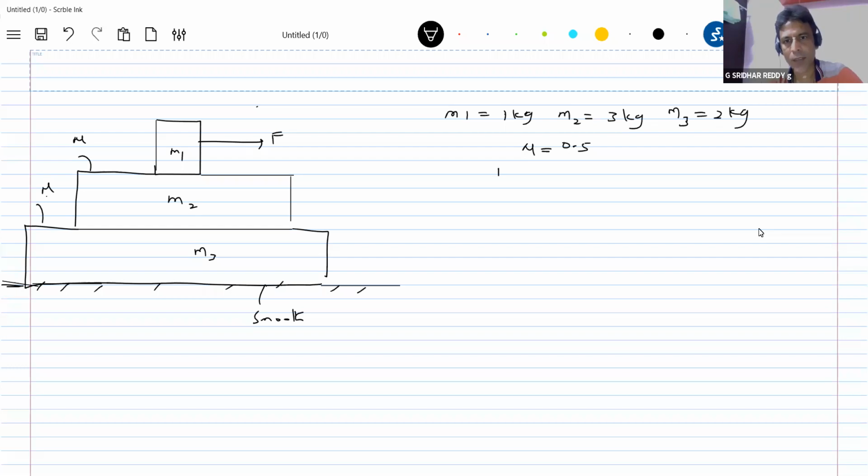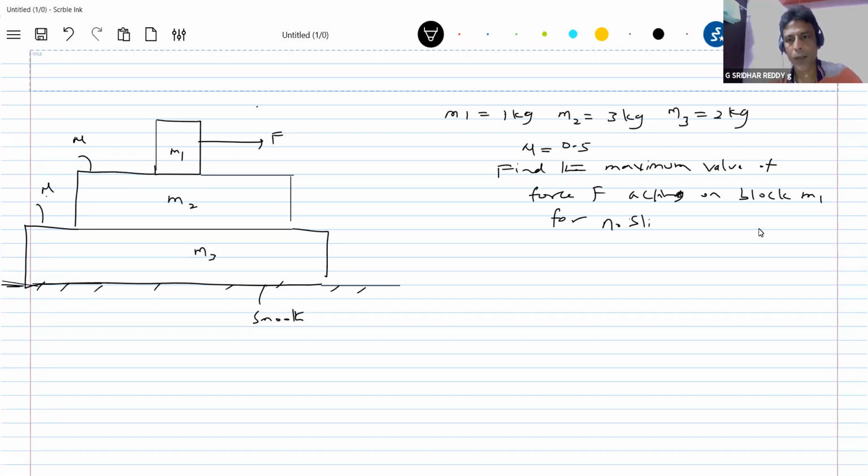So we have to find the maximum value of force F acting on block M1 for no slipping between the blocks.